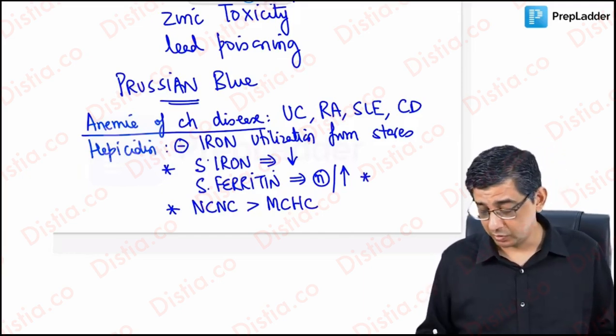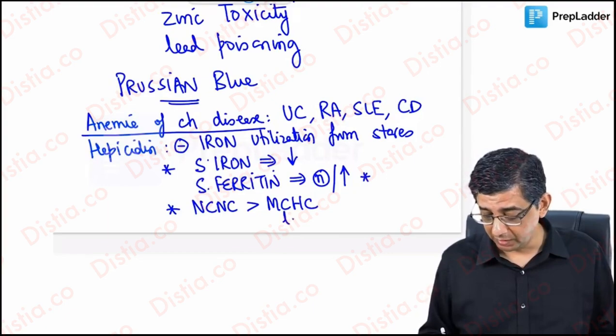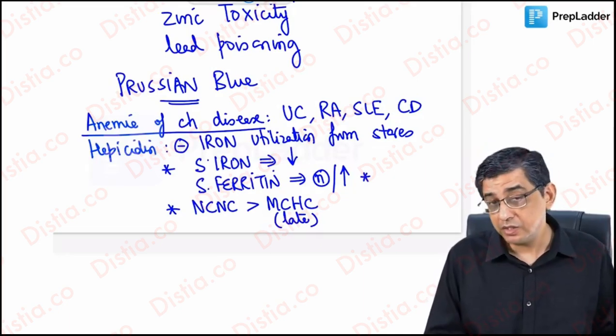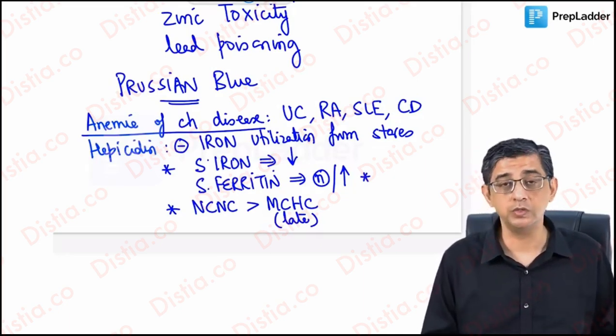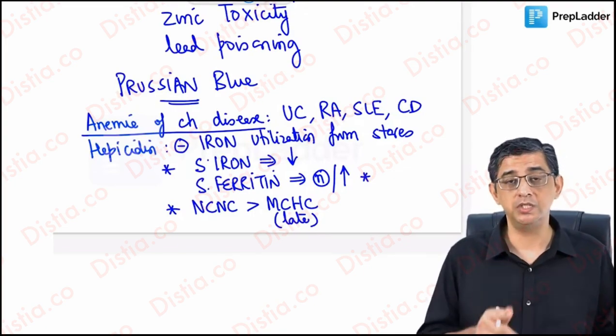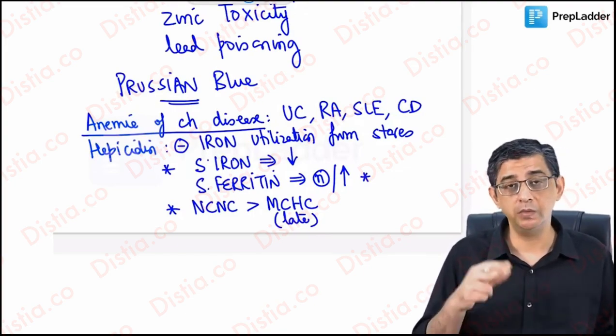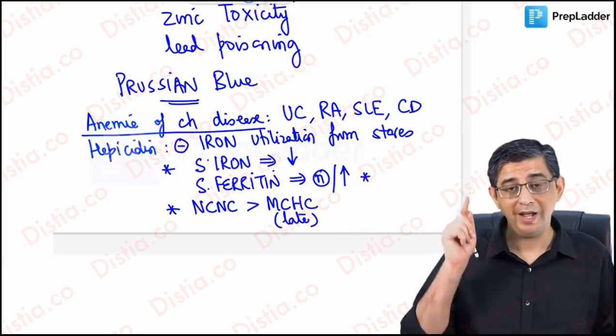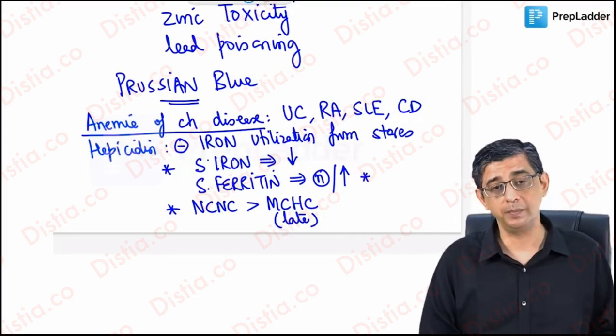Yes. Microcytic hypochromic anemia can develop in anemia of chronic disease and is a late manifestation. Initially, it is normocytic normochromic. So in single best response, your answer will be normocytic normochromic. In multiple correct response, anemia of chronic disease is both normocytic normochromic as well as microcytic hypochromic.